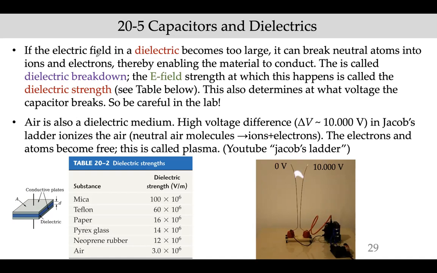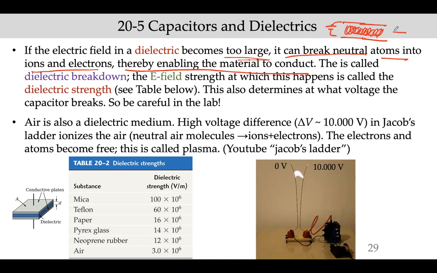So let's say you have capacitor plates and you placed some dielectric material here, and if the voltage that you apply becomes too large, it can break neutral atoms into ions and electrons within the dielectric. It can break the electrons from the atoms, thereby enabling the material to conduct.